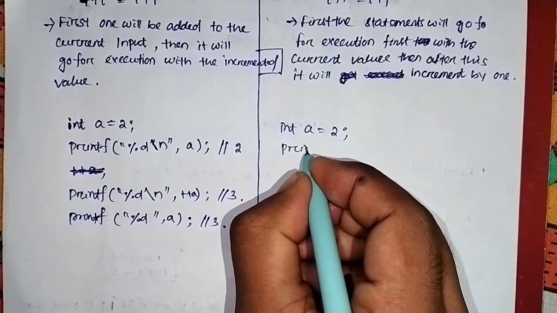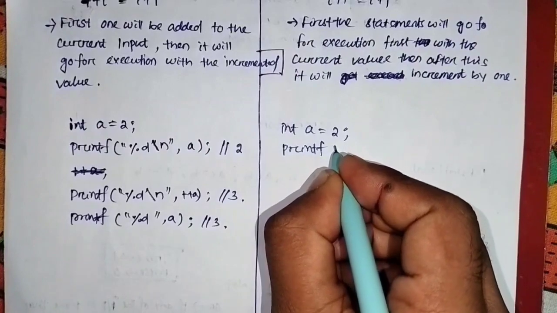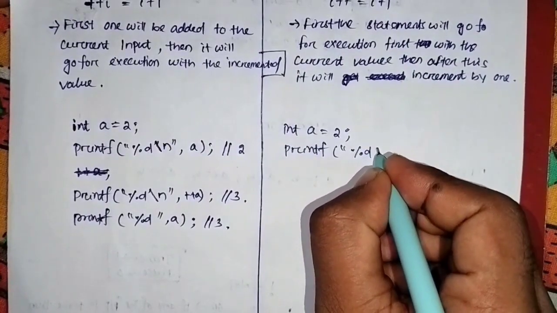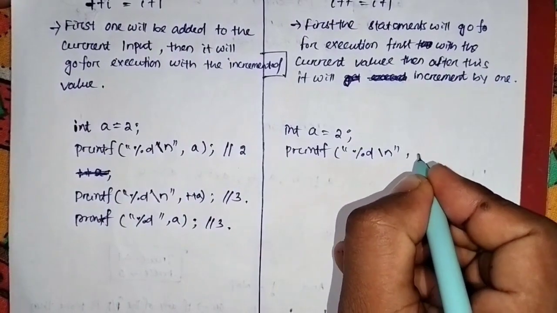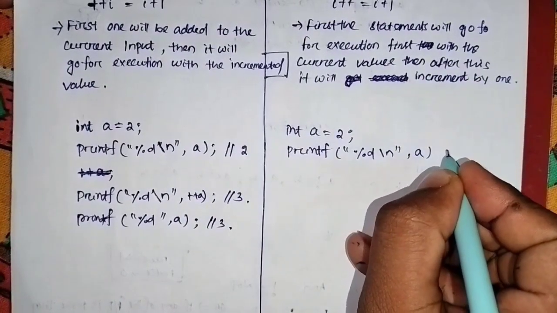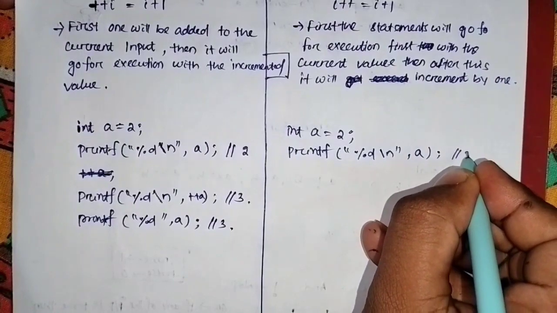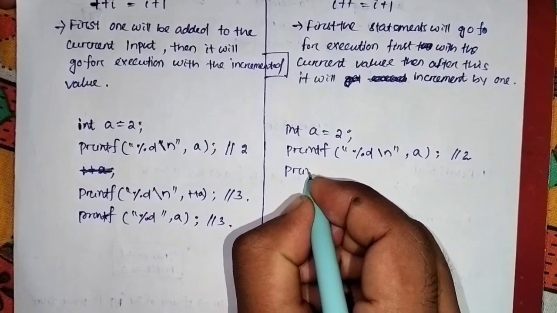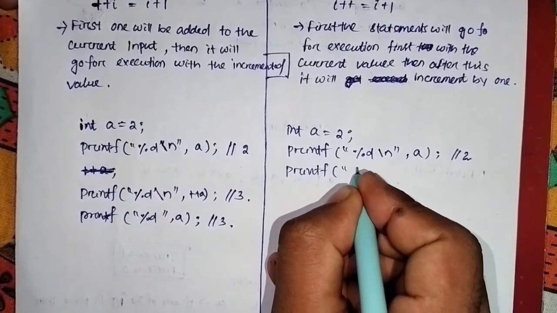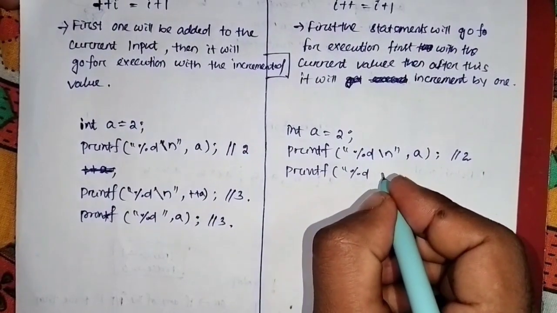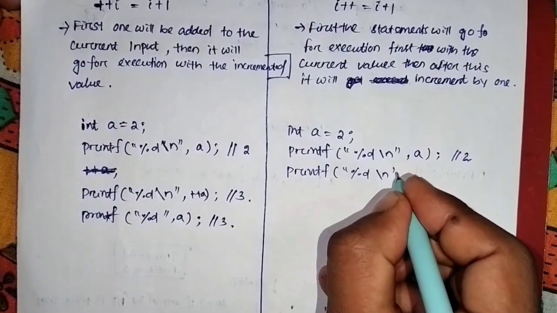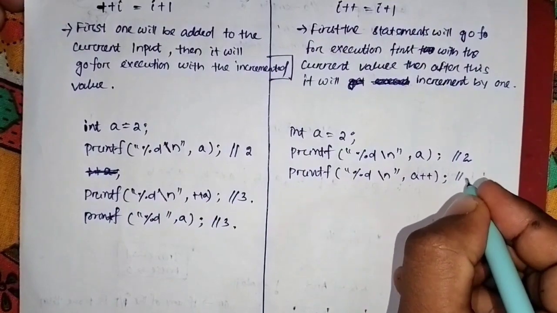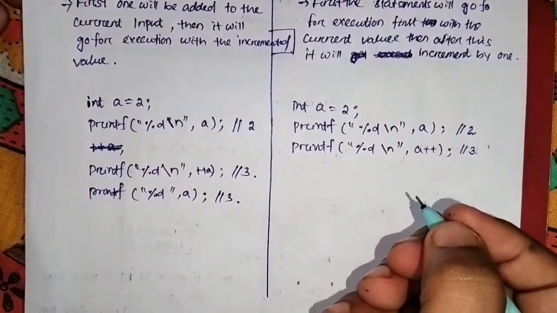Let's come to post-increment. Here we have taken the variable with value 2 in it. First of all, as before, we write the code printf("%d", a). Here the value of a is 2, so it will display 2. Then we write printf("%d\n", a++). Here it will give 2, because first the statement gets executed.